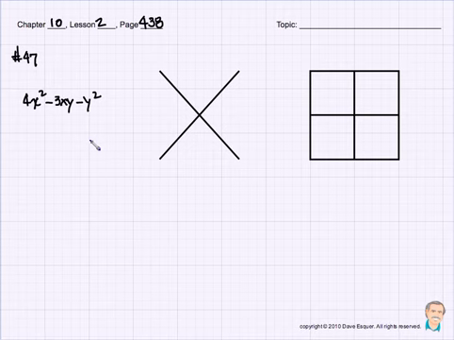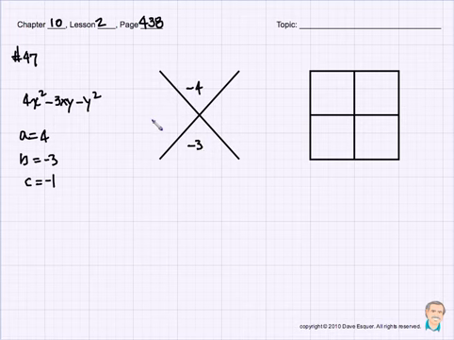Let's continue on though, and let's factor the second part out, which was 4x squared minus 3xy minus y squared. Again, a is 4, b is negative 3, and c is equal to negative 1. So we end up with an AC of negative 4. We end up with a b of minus 3. We're going to come up with two factors, one being minus 4, one being plus 1.